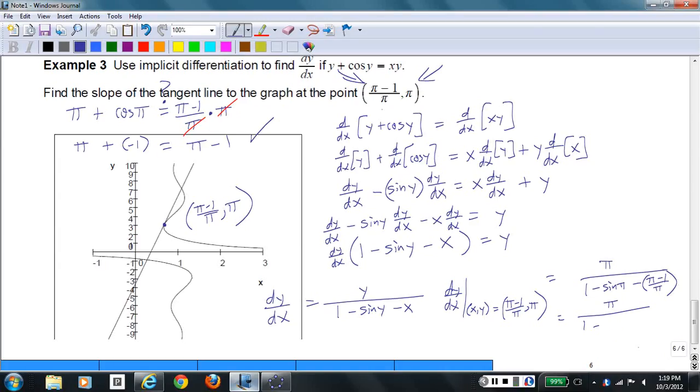Yeah, sine starts at 0, and then over at pi, it's equal to 0 again. So it's 0 minus, I'm going to take this and write it, pi over pi minus 1 over pi.